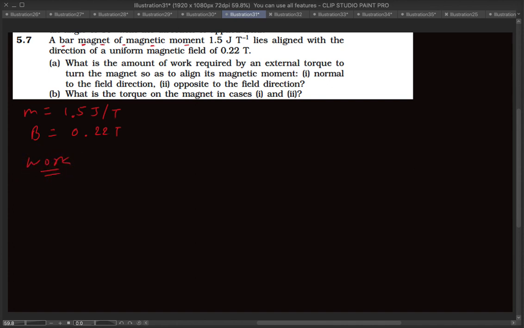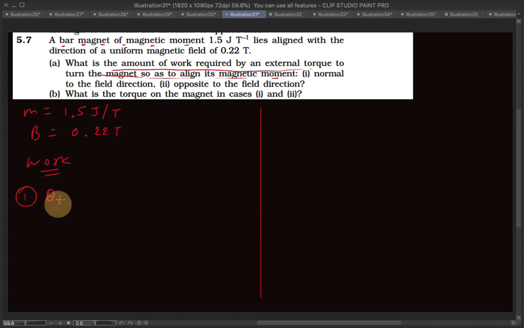So we have to find the work, the very first in the direction of something, and the next in some other direction. So I am doing that task with the work done. First of all, what is the amount of work required by an external torque to turn the magnet to align the magnetic moment normal to the field direction?